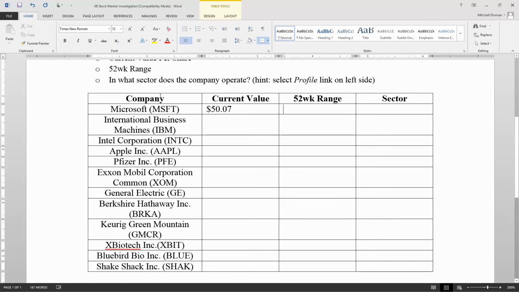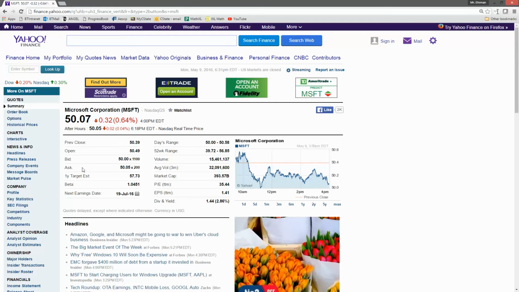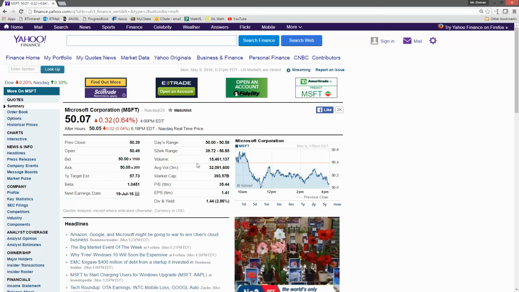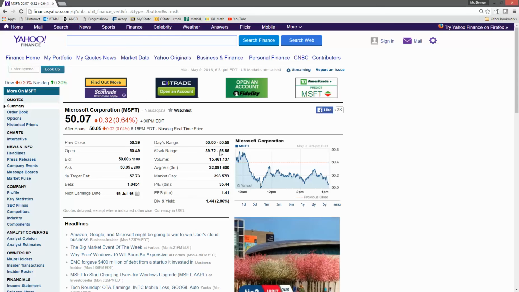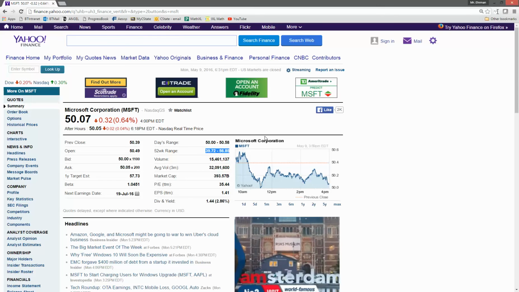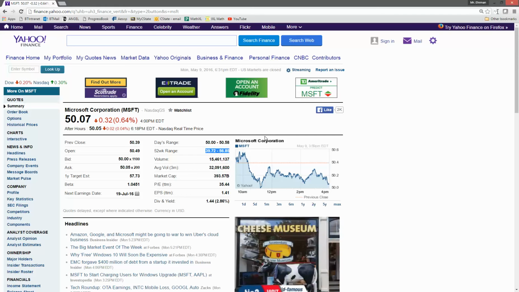So this tells us what Microsoft is currently trading for per share, but I'm curious to see how it's performed over the last year, and that's what this 52-week range is telling us about. So if we look in this summary page here, we can see that the 52-week range was $39.72 to $56.85.